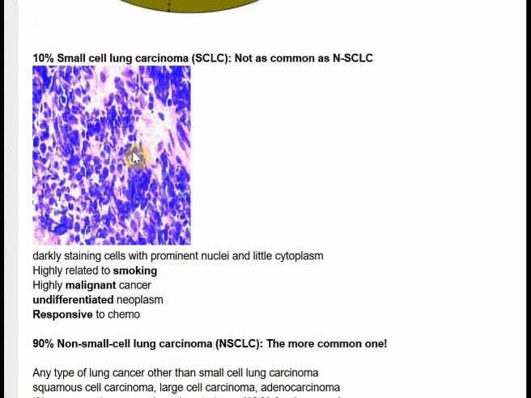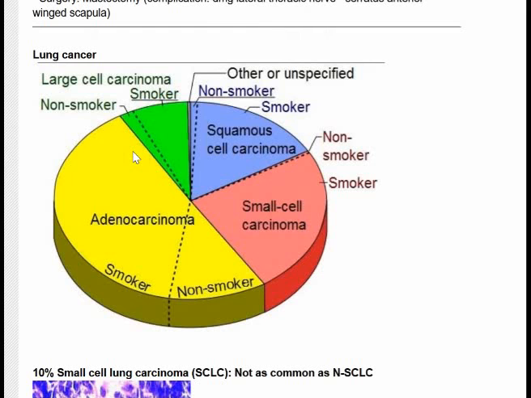Non-small cell, you have ASL. Adenocarcinoma is most common, and is also found in non-smokers. Found peripherally. And you also have squamous cell lung cancer, which can cause central necrosis.